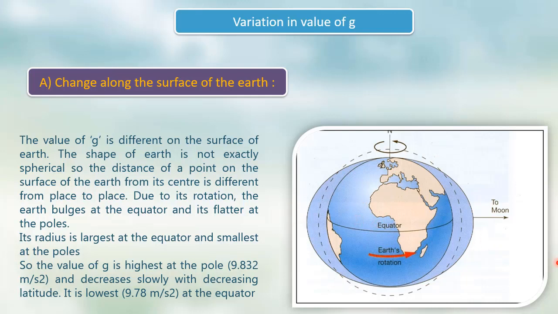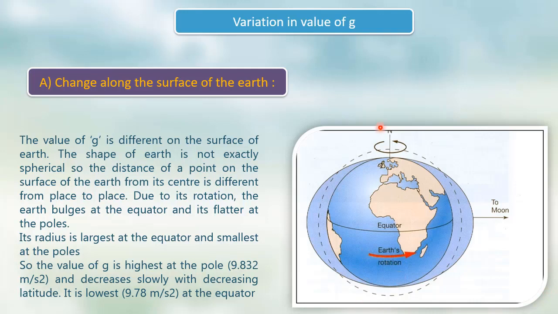Due to its rotation, the earth bulges at the equator and is flattened at the poles. Its radius is largest at the equator. At the equator, the radius is large and at the poles, the radius is small. So, the value of g is highest at the pole.